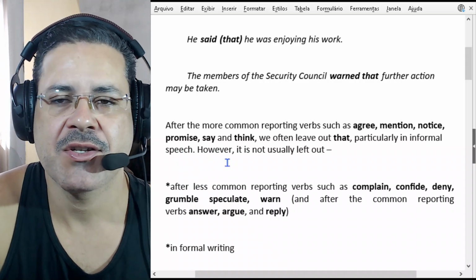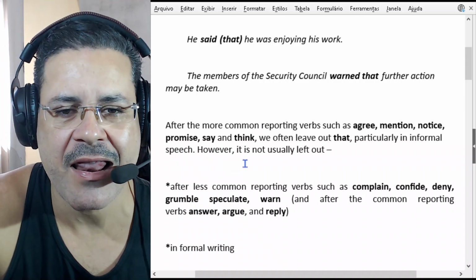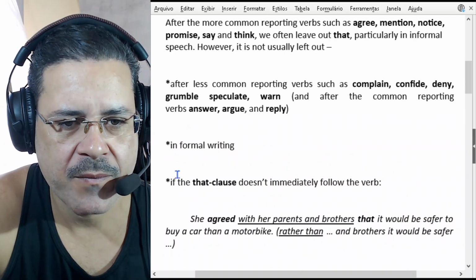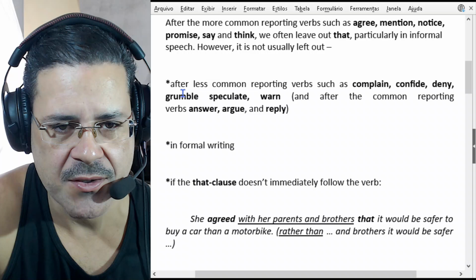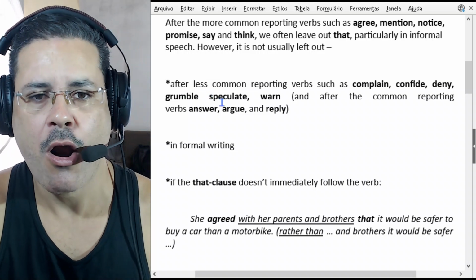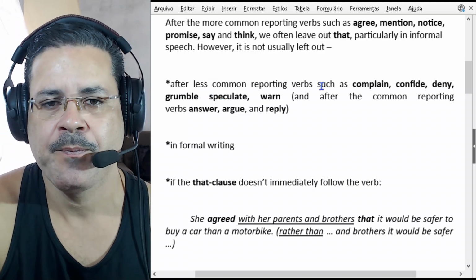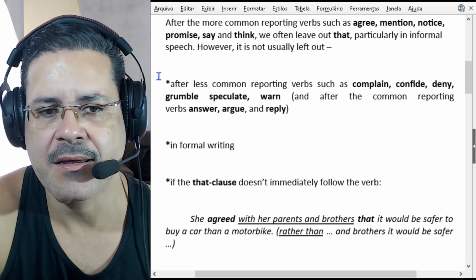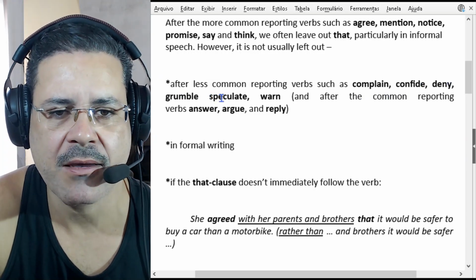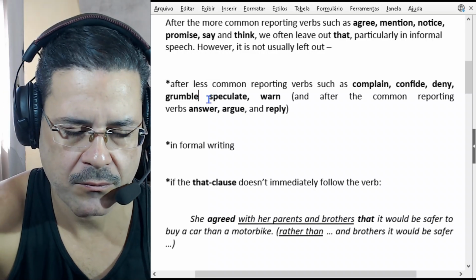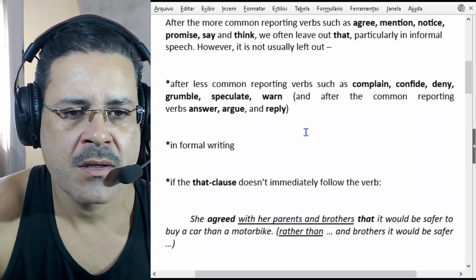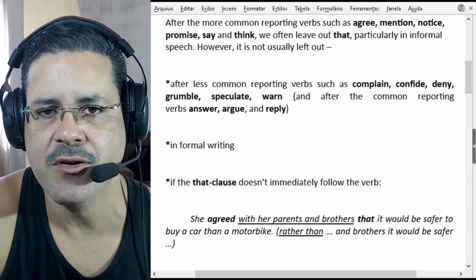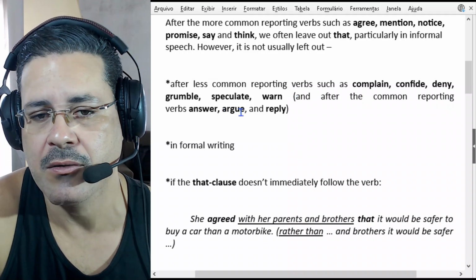However, it's not usually left out in three circumstances. First, after less common reporting verbs, such as complain, confide, deny, grumble, speculate, warn, and after the common reporting verbs answer, argue, and reply.